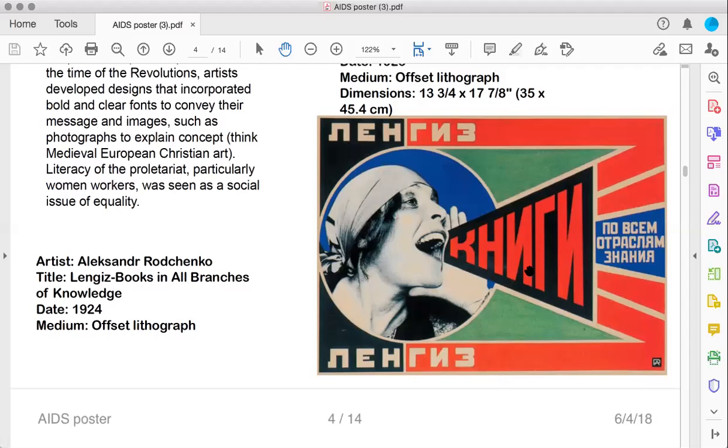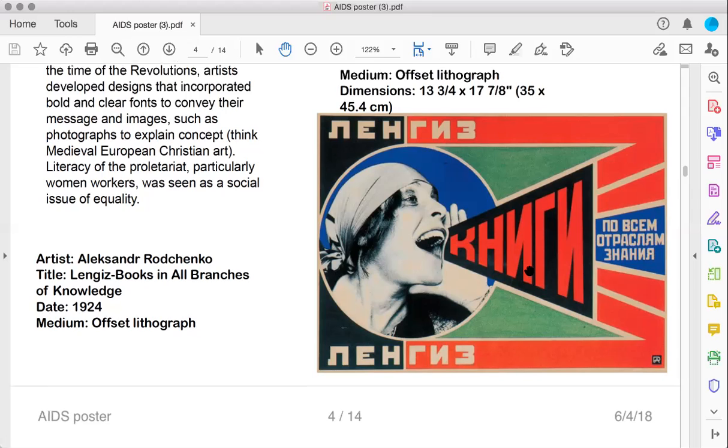This piece is really interesting. It basically says in Russian, books for all people. And so it becomes an image that is quite famous in terms of library systems, education, which are really all social programs.